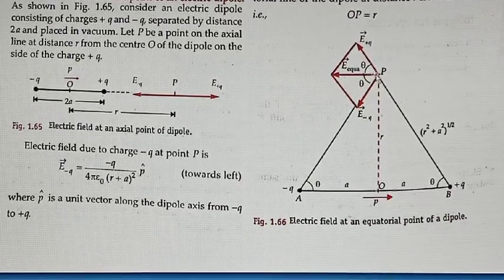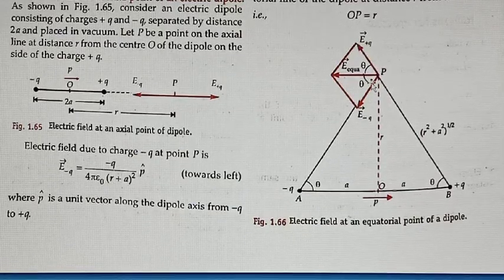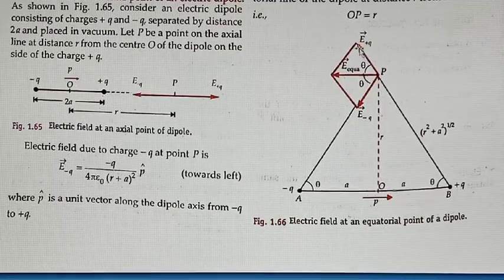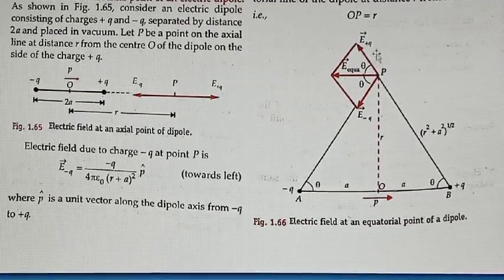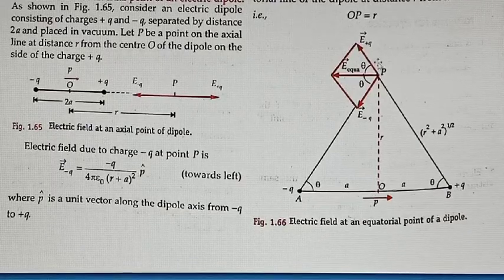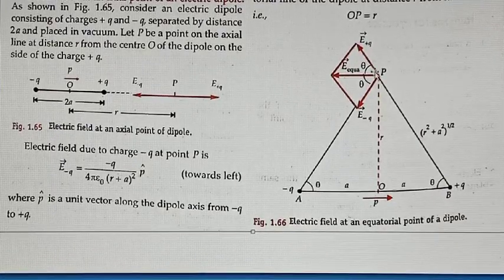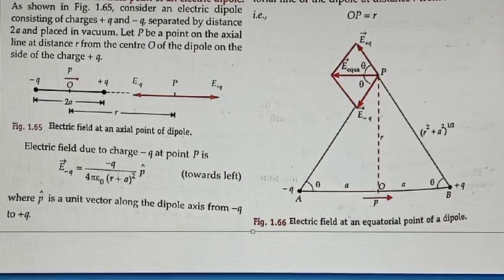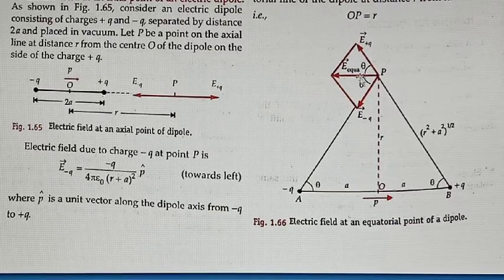Fine. So you can draw the rectangular components of E plus Q and E minus Q. If you want to draw the rectangular components of E plus Q, you can draw this. This is E plus Q sine theta, and this is E plus Q cos theta.